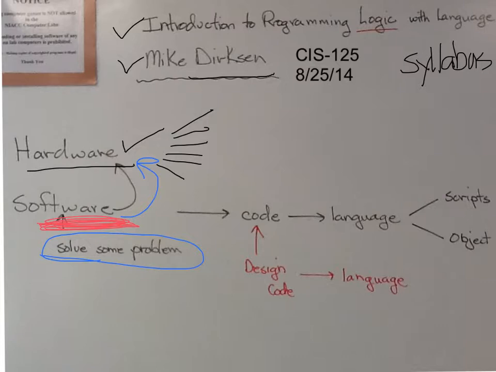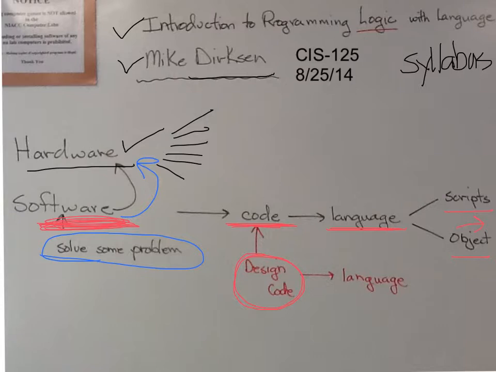So to get started, with software, we write code. A person writes code in some particular language to get the computer to do something. In that code, we could write a script, or you could write some object code that eventually is compiled into an executable. What we're working on in this class is the design for the code.